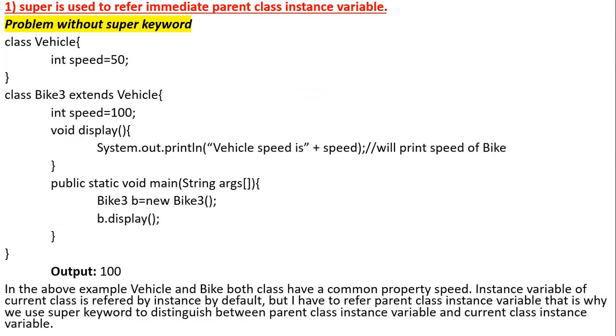Here in the example we have a class Vehicle with an integer variable speed, value 50. Then the next class, class Bike3 extends Vehicle.